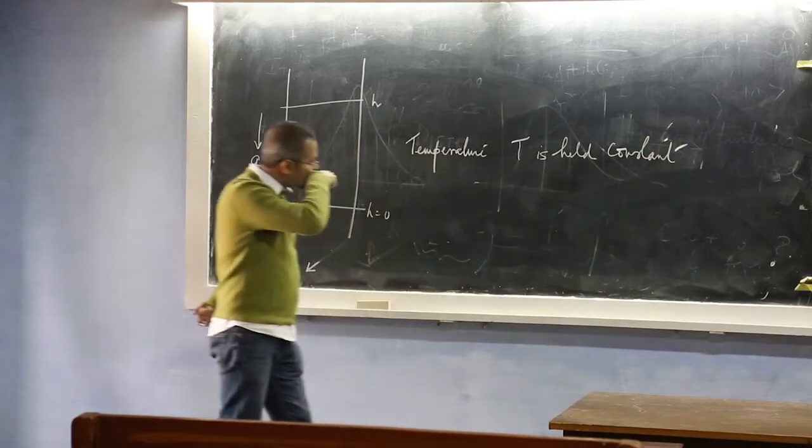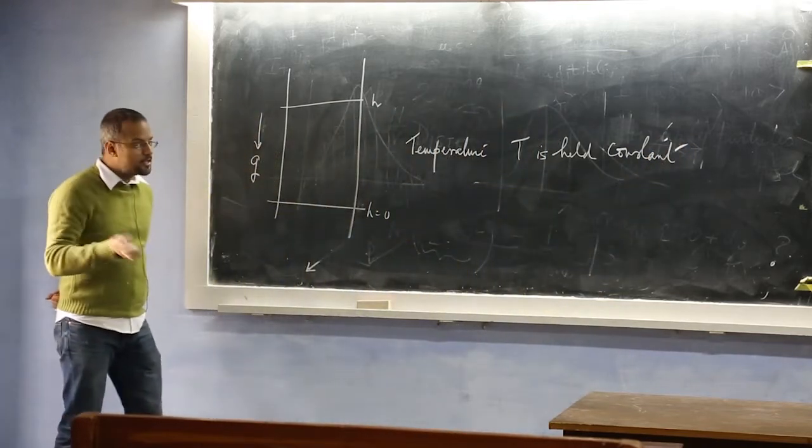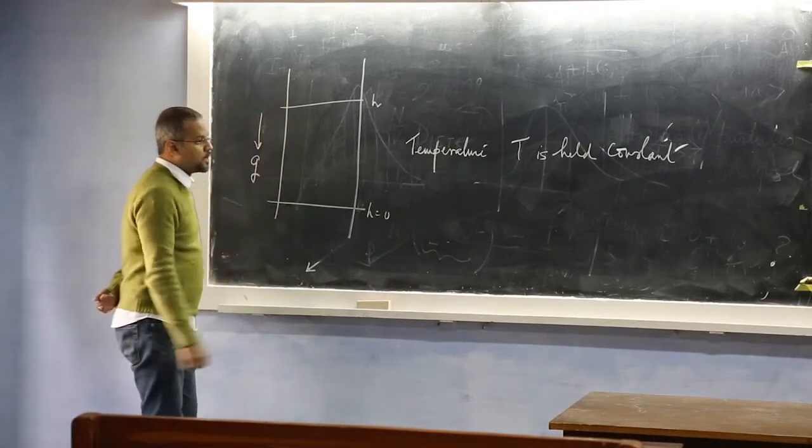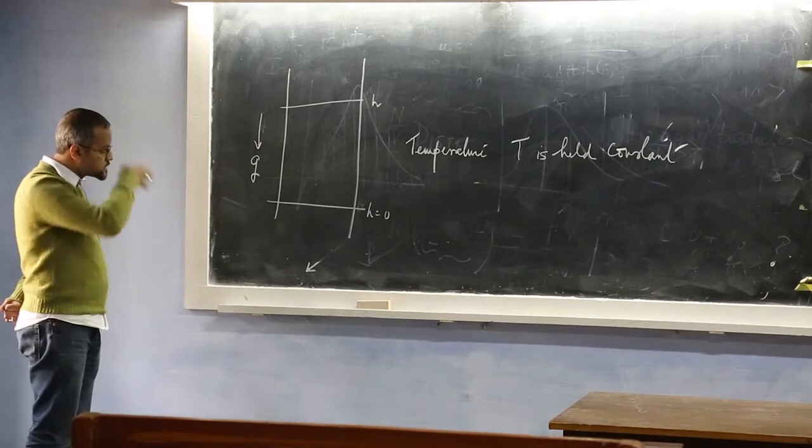The temperature is held constant, which is of course very unlikely because there is something called lapse rate, and the temperature as you go up falls in the atmosphere at least.